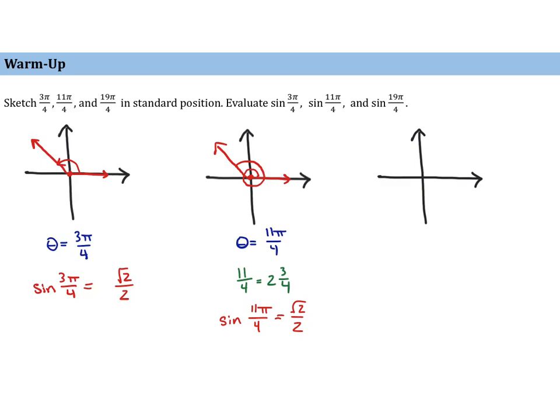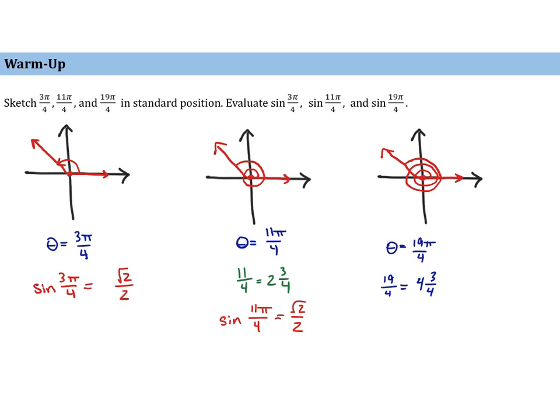Now as we look at 19 pi over 4, it'd be helpful to think of 19 fourths as 4 and 3/4. So as we go ahead and sketch that, we have 2 pi, 4 pi, and then 3/4 of a pi.